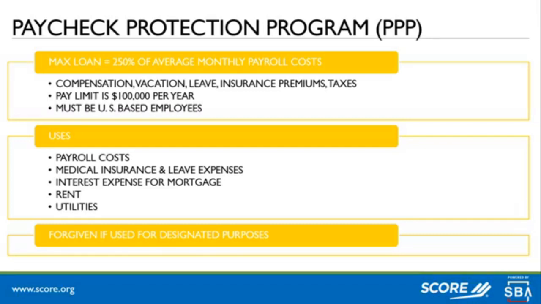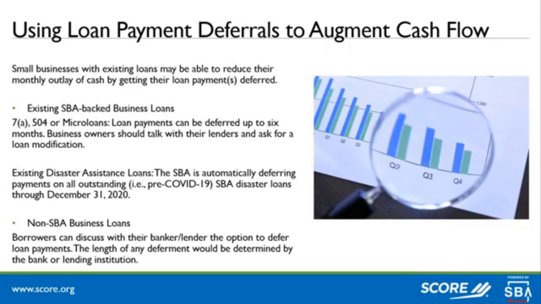So we'll go on to the next slide, and we'll talk about using your loan payment deferrals to augment your cash flow. If you already have a loan with the SBA, it's called an SBA-backed loan, and it's either a 7(a) or a 504 or a microloan.